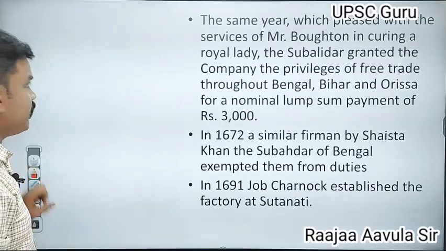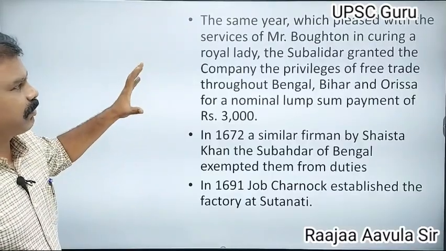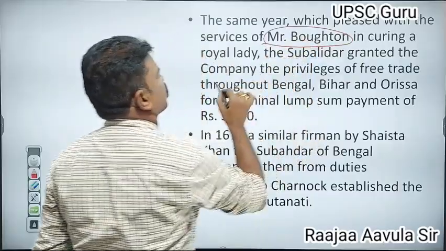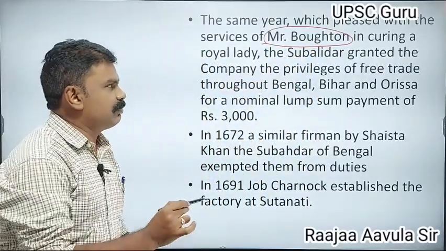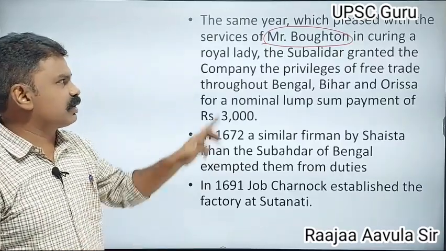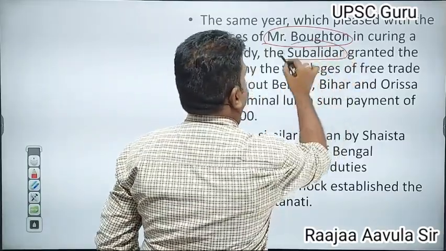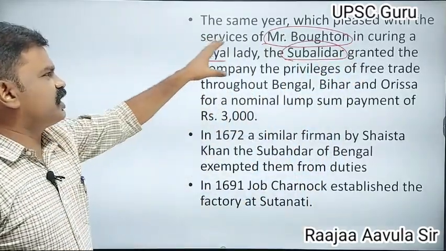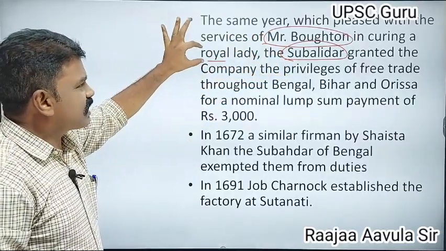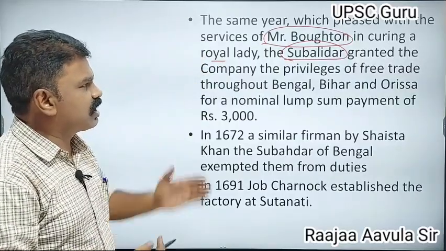After this, in the same year, the Company sent Mr. Boughton, a doctor, to Bengal to render medical services for the royal lady of the Subedar. Whenever he gave medical services to the royal lady, she got cured.